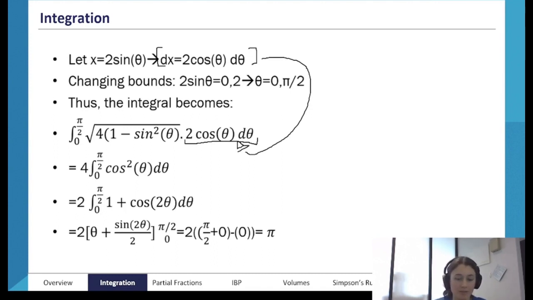And now what we did is we let x equal 2 sine theta, and then we substituted this in our surd.